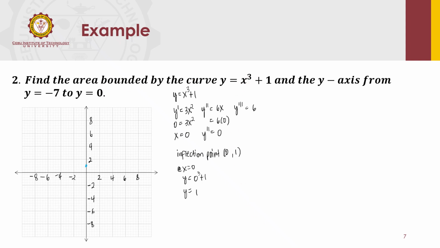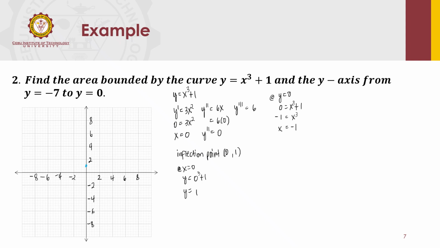So at y equals 0, for x, 0 equals x cubed plus 1. By transferring the 1 to the left side, -1 equals x cubed. So the cube root of x cubed, or the cube root of -1, is -1.